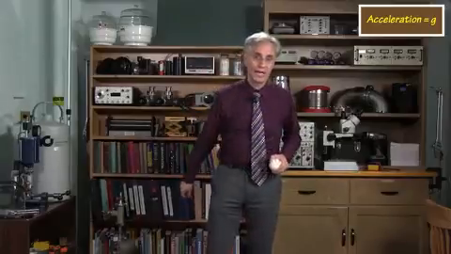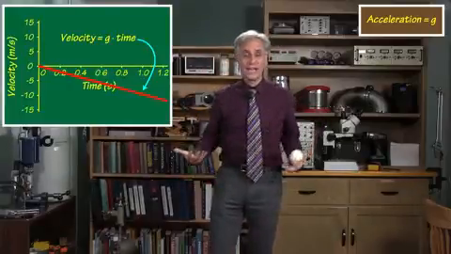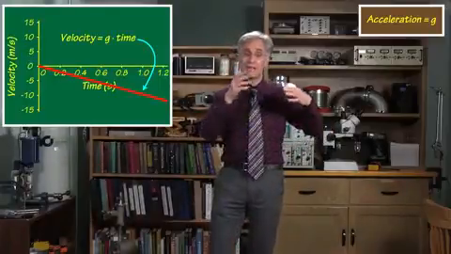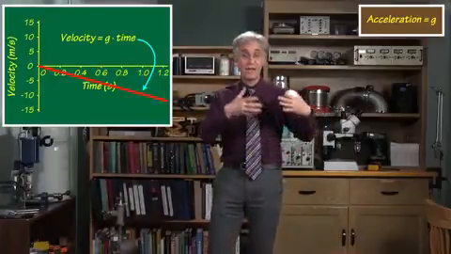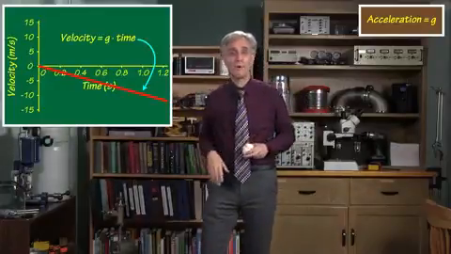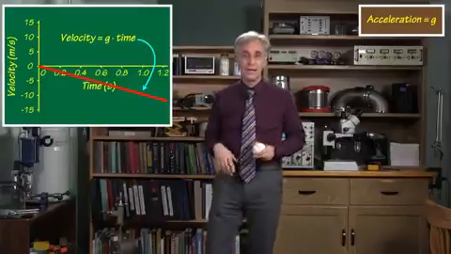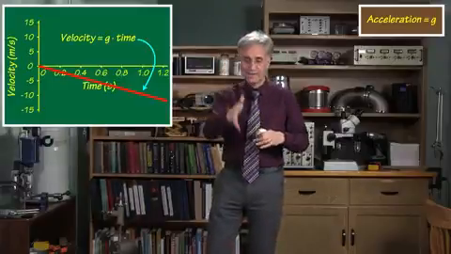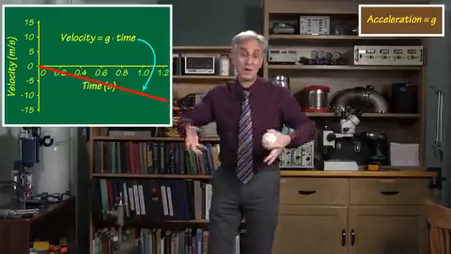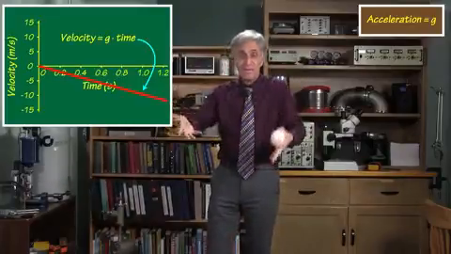Now, velocity does change. In the old relationship, we had for a ball dropped from rest that the velocity at any given time is simply the acceleration due to gravity times the time over which the ball has been falling. That product of the acceleration due to gravity times time, at time zero, at the moment the fall starts, becomes zero.